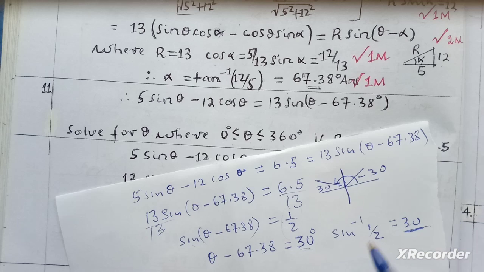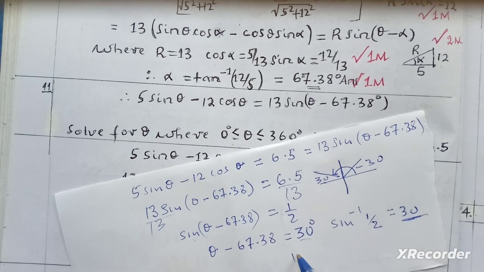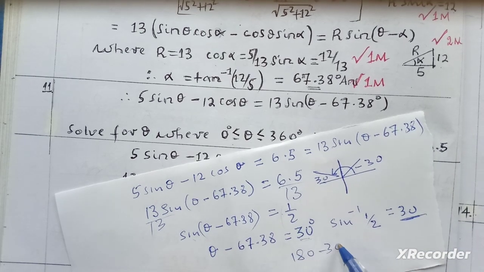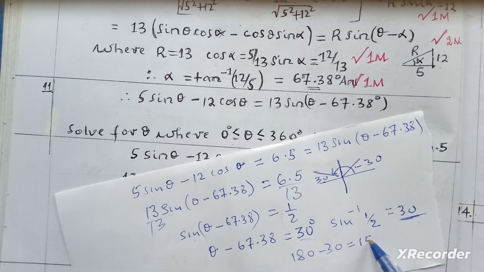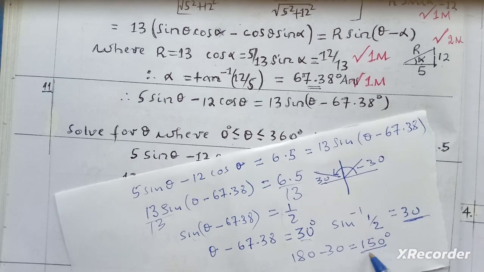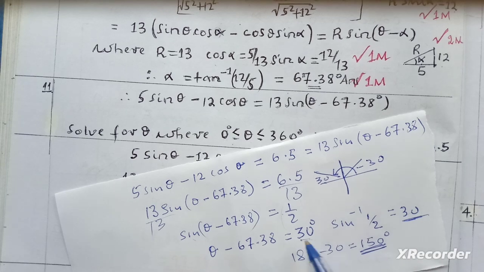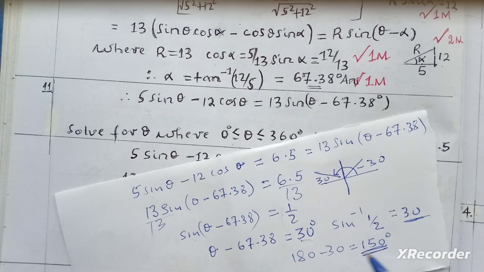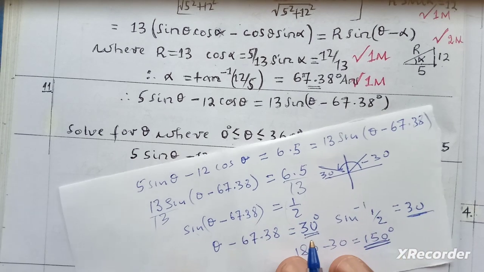So it will be 180 minus 30, which is 150. So another angle we have is 150. Check in your table and see that sine 30 and sine 150 are the same.